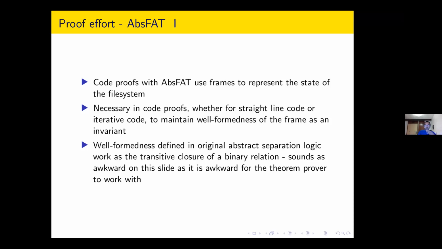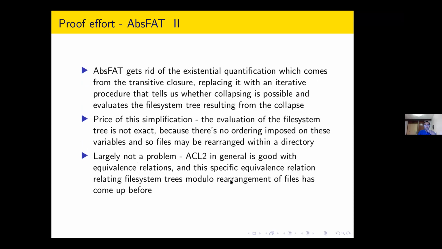And collapsing is something that I'm going to come to in a moment. But collapsing is defined as the transitive closure of a binary relation. This is awkward to talk about, and it is also awkward for a theorem prover to work with. So part of our proof effort was getting rid of this transitive closure.